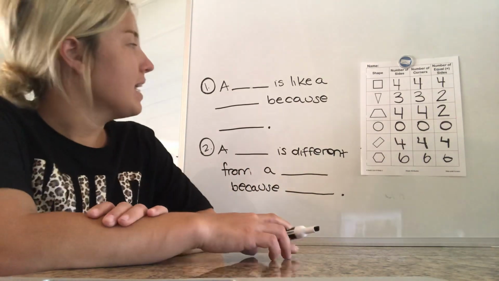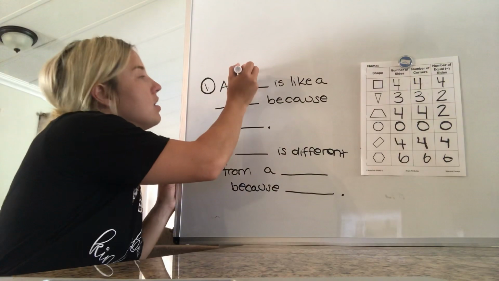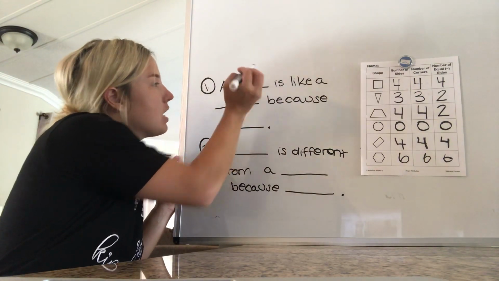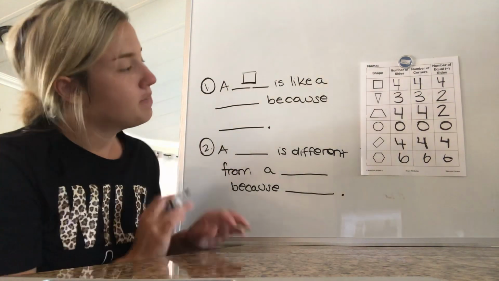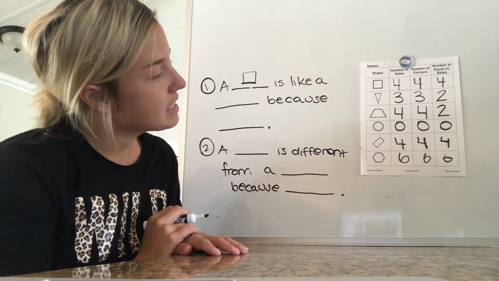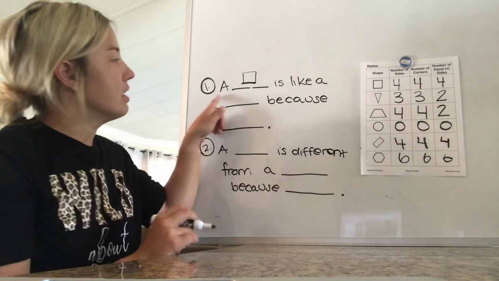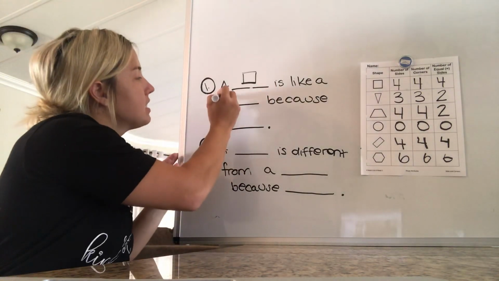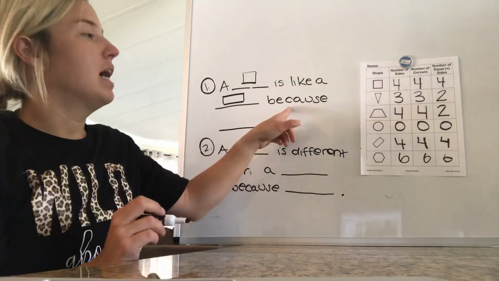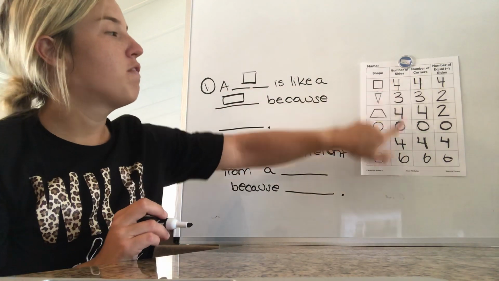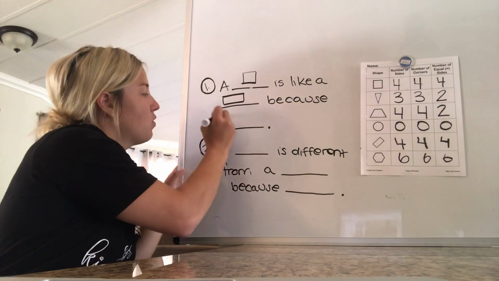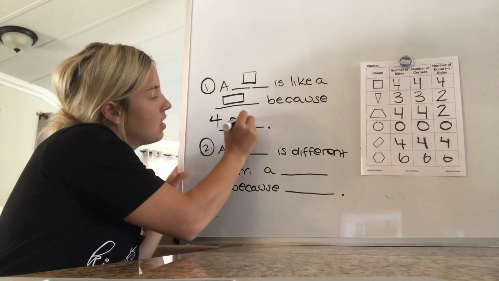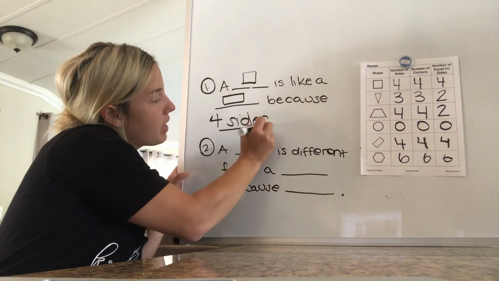So we can say that a square is like a, I'm going to go ahead and look over at my sheet and see my numbers. Ooh, I know. A square is like a rectangle because they both have 4 sides. So I'm going to write because 4 sides. Okay, but you can pick whatever you want.